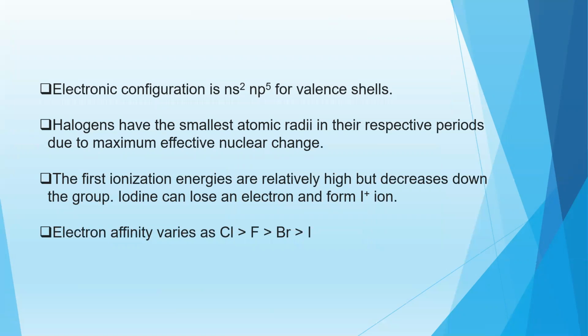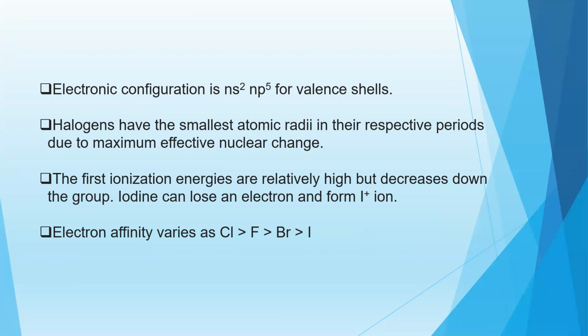Halogens have the smallest atomic radii in their respective periods due to maximum effective nuclear charge. The first ionization energies are relatively high but decrease down the group. Iodine can lose an electron and form I plus ion.